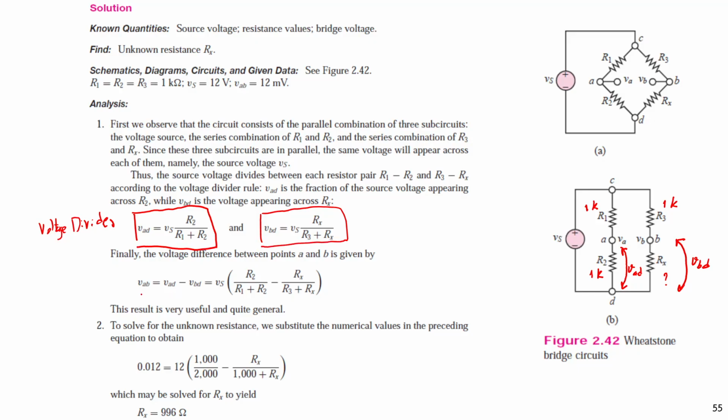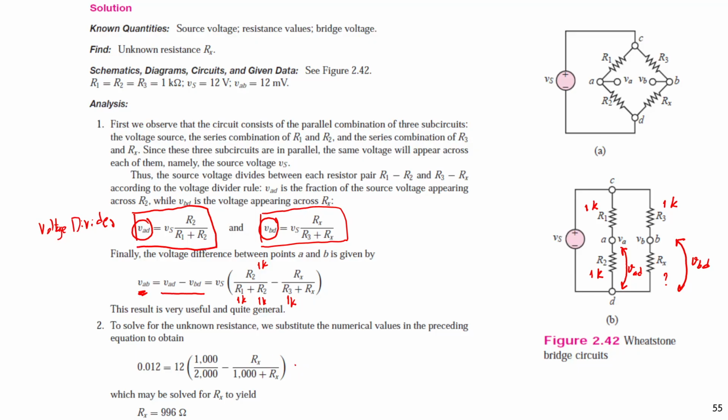Therefore, VAB is VAD minus VBD. Substituting, we get Vs times (R2 divided by R1 plus R2, minus Rx divided by R3 plus Rx).